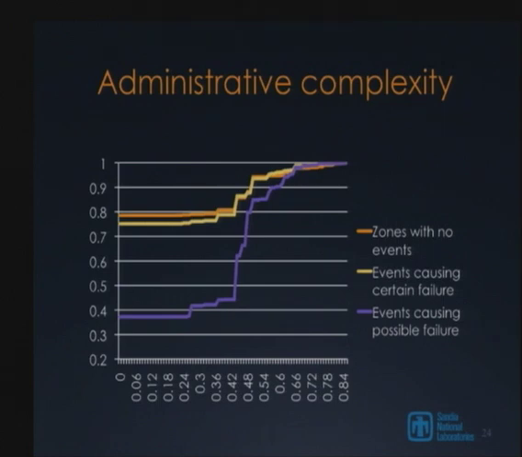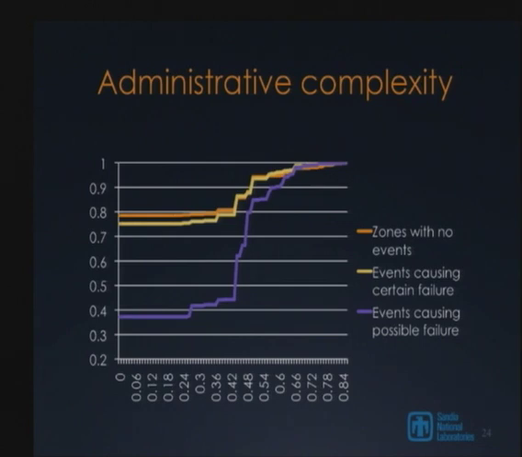Then there was a slightly lower number with 0 administrative complexity for those that had a certain failure, meaning everything went wrong. But the one we expected most was down below the bottom line, which represents events that caused possible failure, where you were between 0 and 1 somewhere, some fraction.